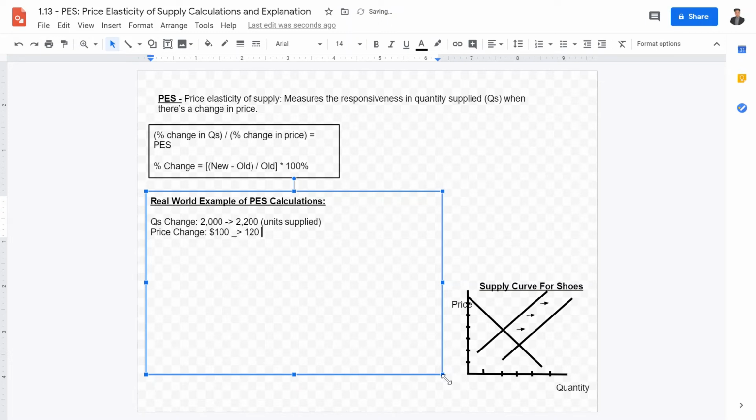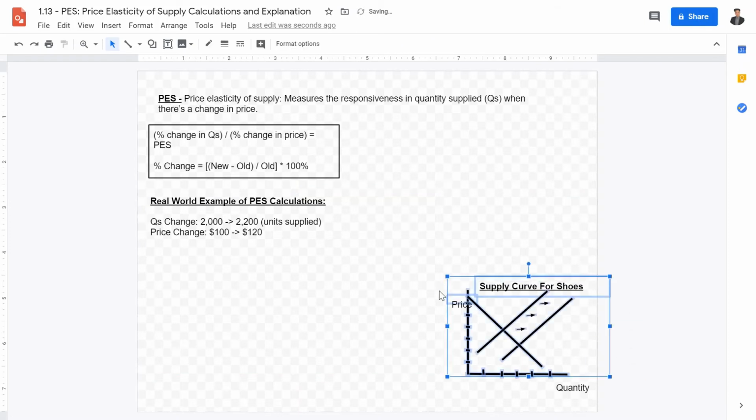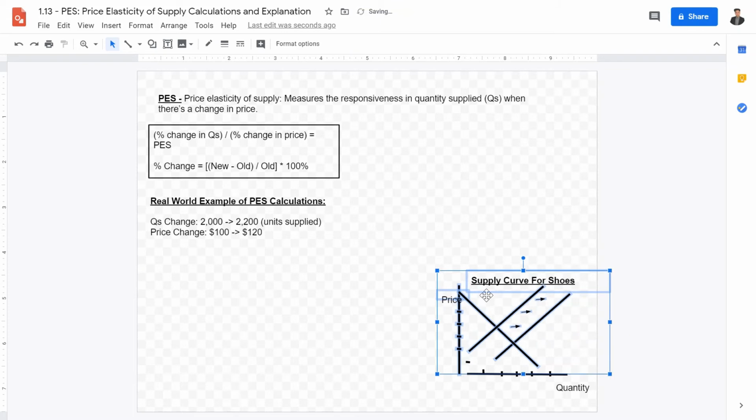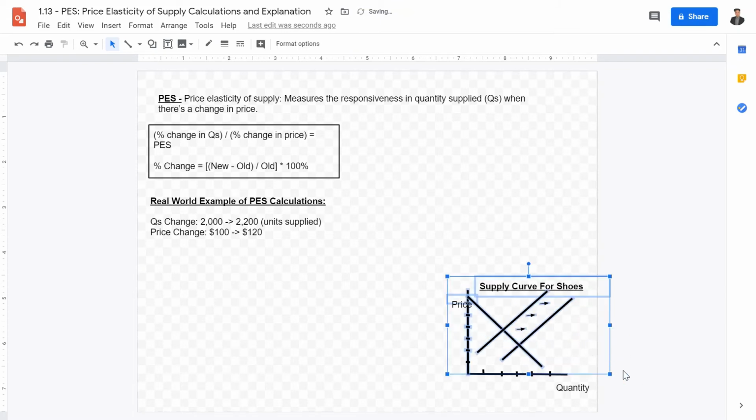That's a good number. So we have a change in price from $100 to $120, and a quantity supplied change from 2,000 units to 2,200 units. Let's say these are the supply for shoes.